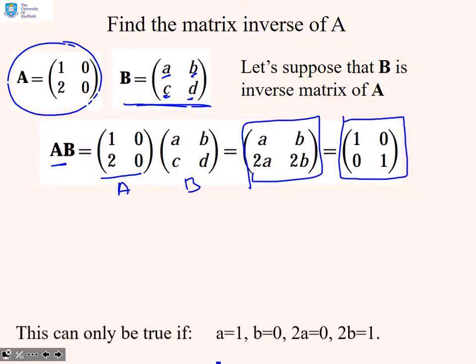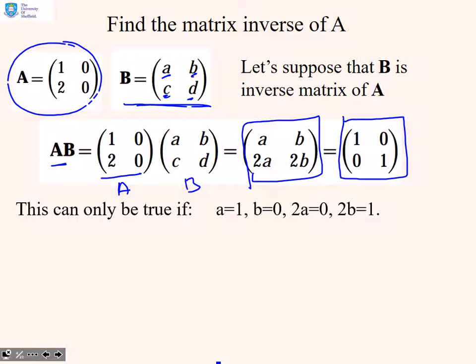So what does that tell me? Well, it tells me that a, this top left coefficient, has to be 1. It tells me that b, the top right coefficient, has to be 0. It also tells me that 2a, the bottom left coefficient, has to be 0, and 2b, the bottom right coefficient, has to be 1.